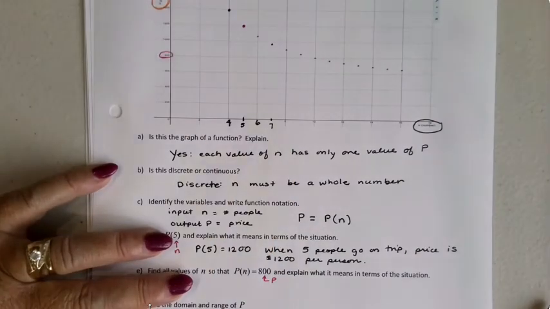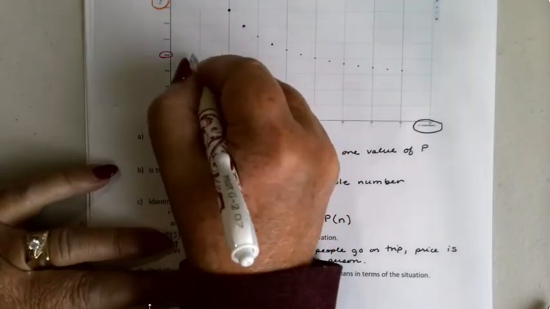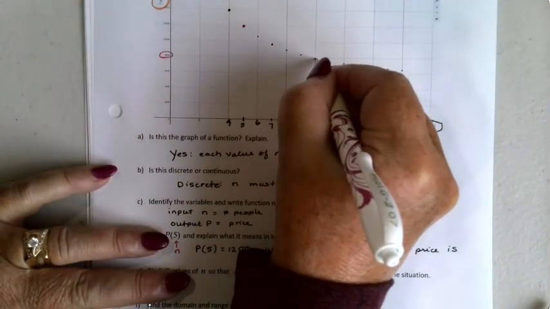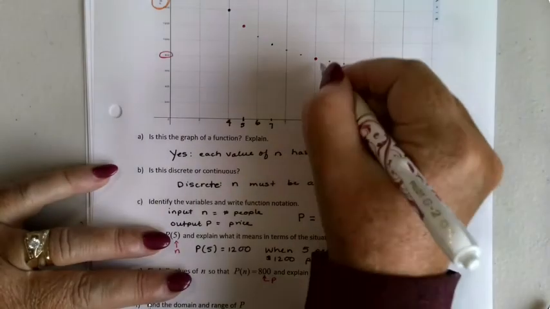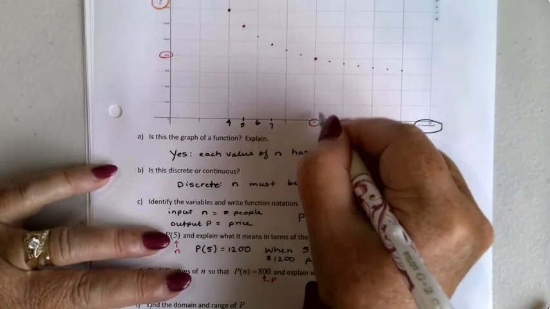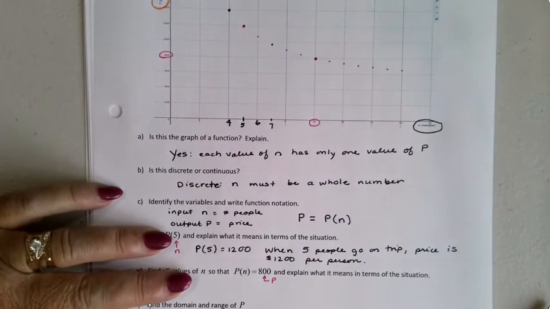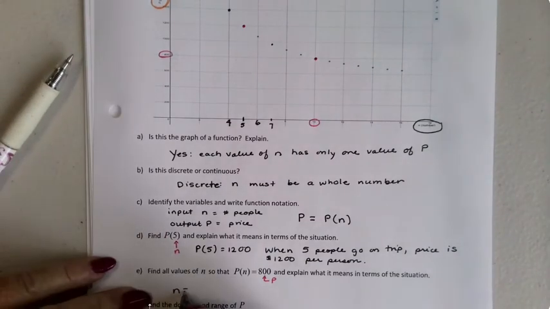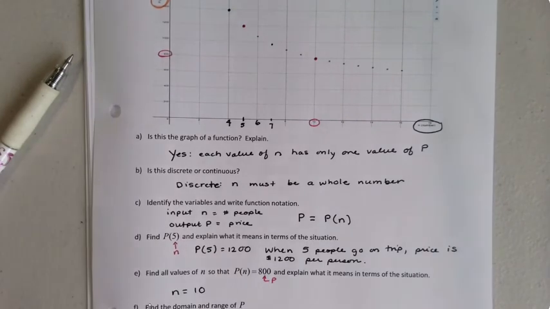There's 800 for P. And if I follow that over, it corresponds to that point right there, which had an n of 10. So my n is 10. And interpreting that, n is the number of people, so when 10 people go on the trip, they've now cut their costs to $800 per person.